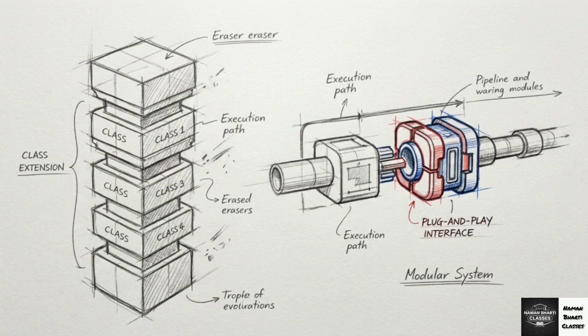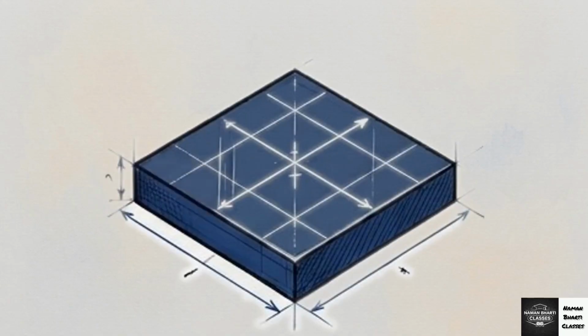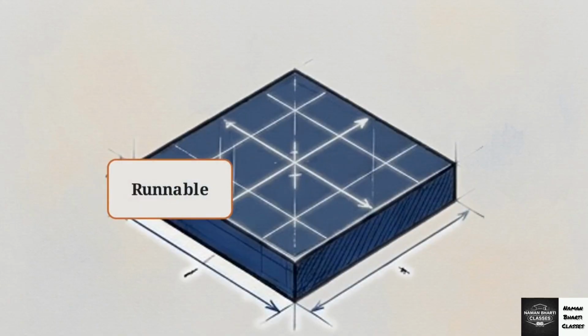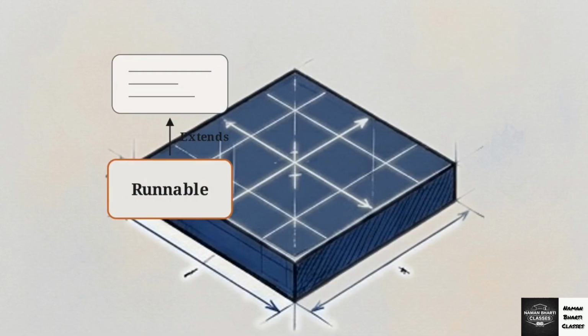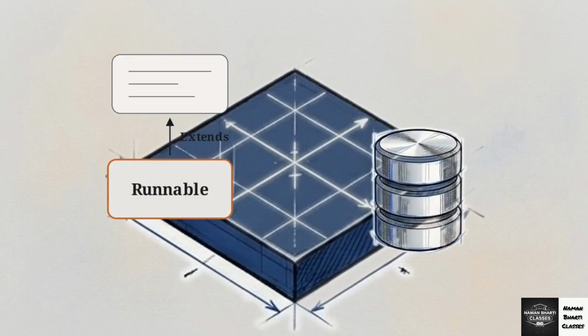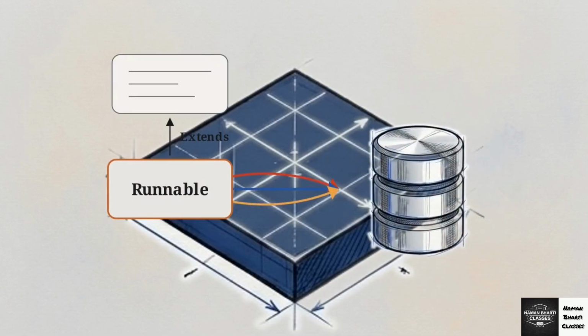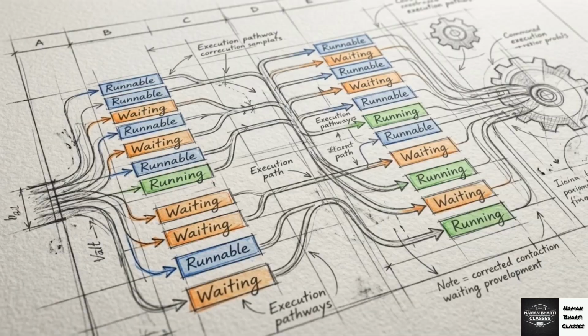Threads are created either by extending the Thread class or by implementing the Runnable interface. Implementing Runnable is generally preferred in enterprise systems because it provides more flexibility for inheritance and makes it easier for multiple independent threads to seamlessly share the same data object. Concurrency requires this precise lifecycle management so the JVM can accurately track each independent execution path.